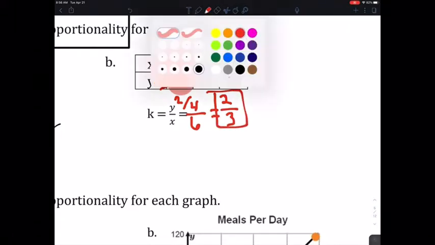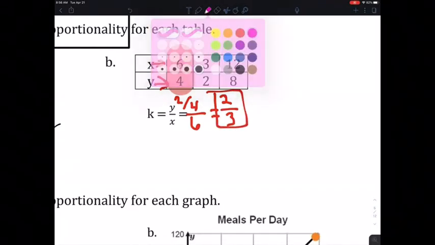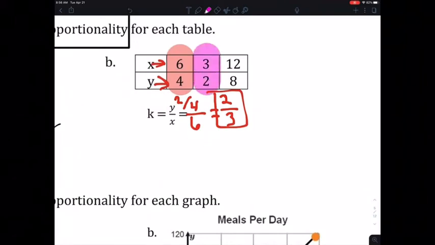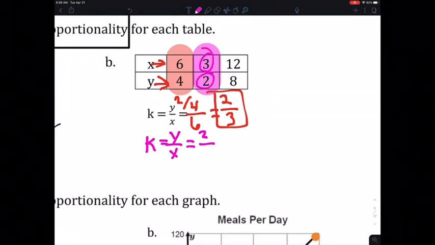My next one I'll do in pink. Same concept. k equals y over x equals, my y value here is 2 and my x value right here is 3.